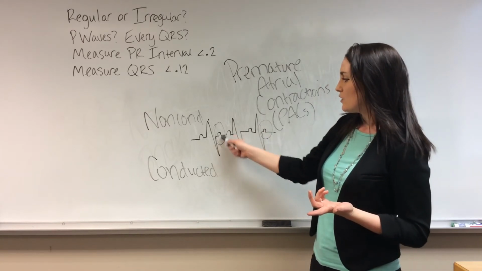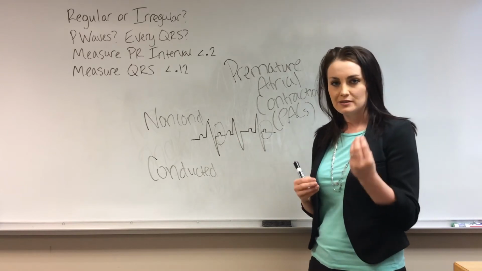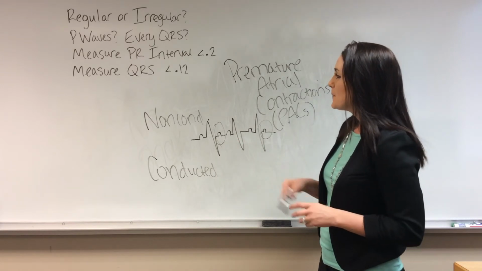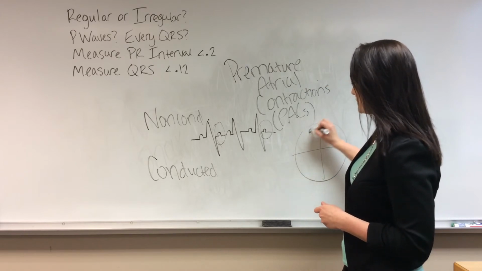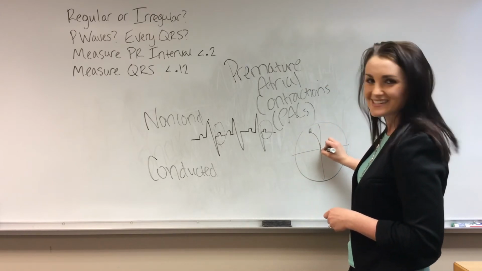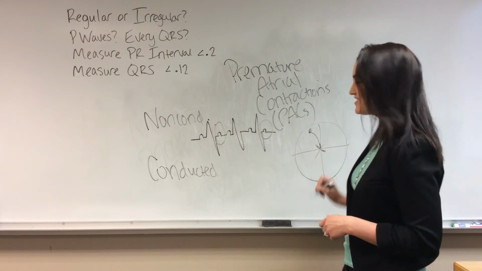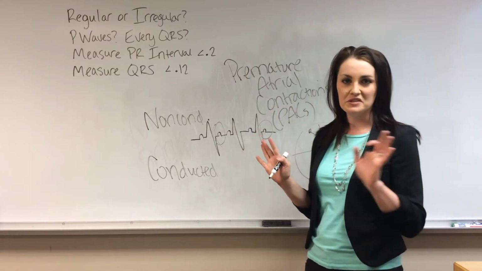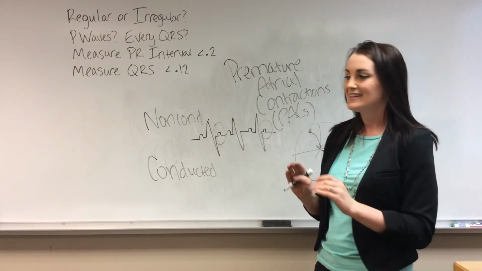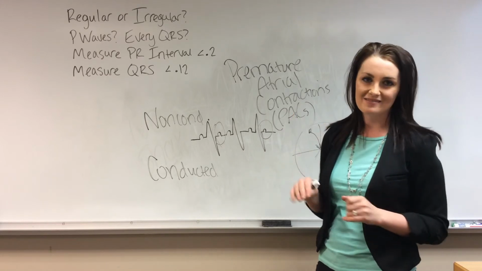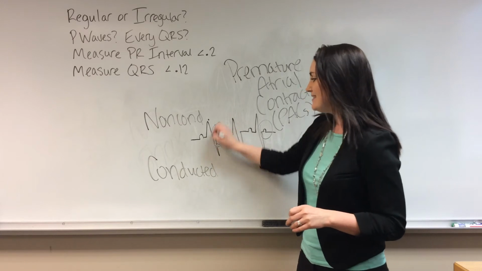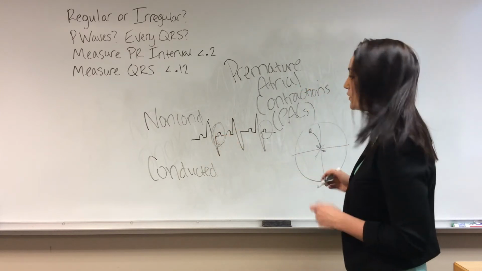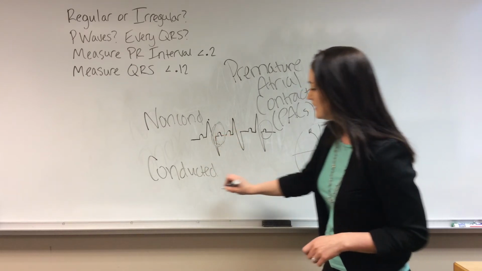And it goes through the atria, and the atria contracts, depolarizes. But as it's going down, once it gets to right here, the ventricle says, hey, stop, it's too early, I'm not going to contract. That electrical pathway ends. So it's non-conducted. And all you see then is a P wave. No QRS attached to it.